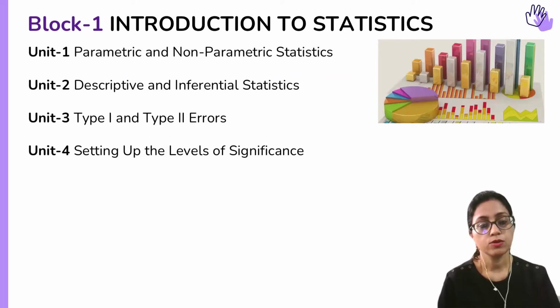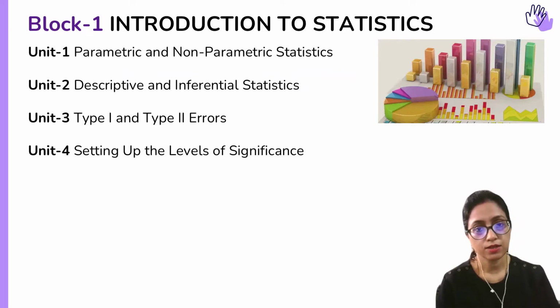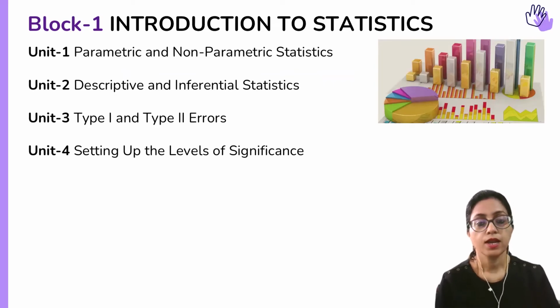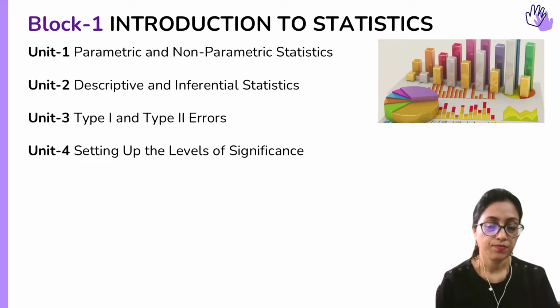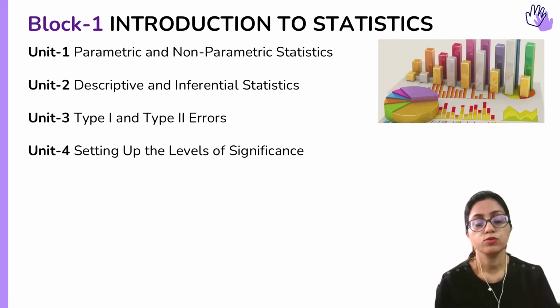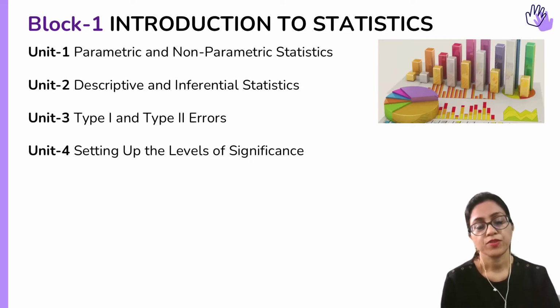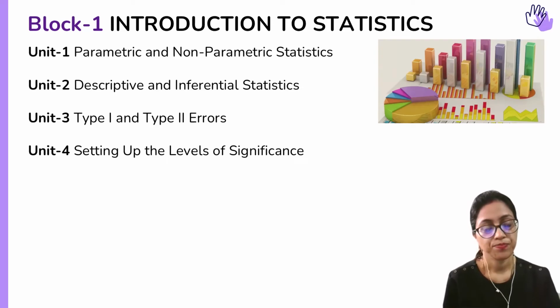Unit 2 talks about descriptive and inferential statistics, which is basically how to describe the data, and how to draw inferences from the data. Then unit 3 is about type 1 and type 2 errors, which are two very important types of errors committed in statistical analysis, and it is very essential to know about these two types of errors. Then unit 4 is setting up the level of significance. What is the level of significance and how to set it up? We study that when we study this particular unit.